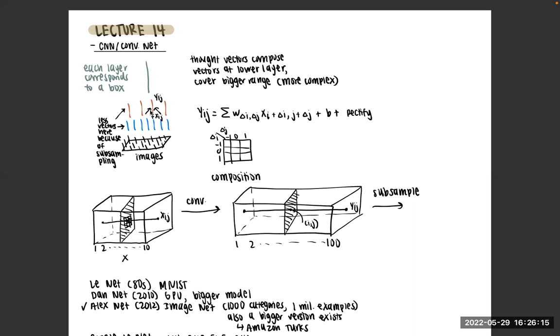And in terms of notation, we use this key equation to denote the convolutional neural network, where we use ij to denote the position where this vector is planted.